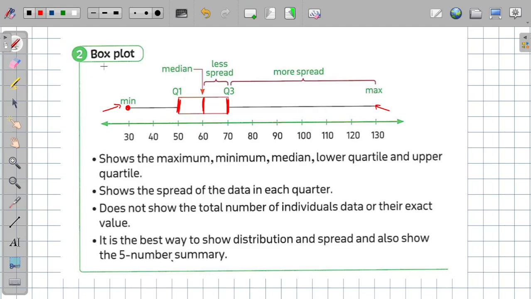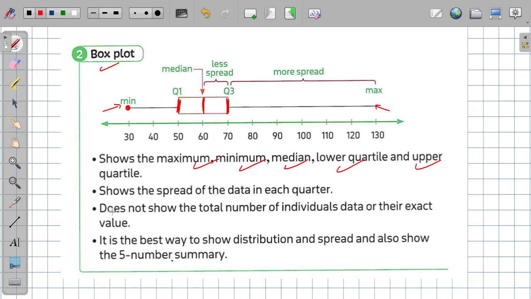Okay, so if we wanted to choose the box plot for something, we can say the box plot here shows the maximum value, the minimum value, the median, the lower quartile, the upper quartile, and shows the spread of data in each quarter.